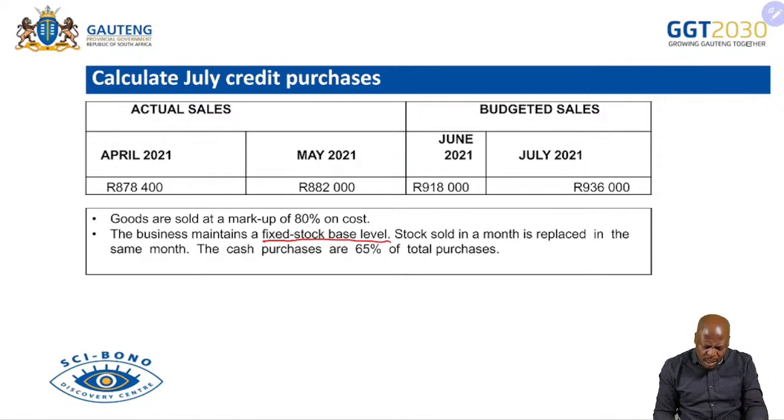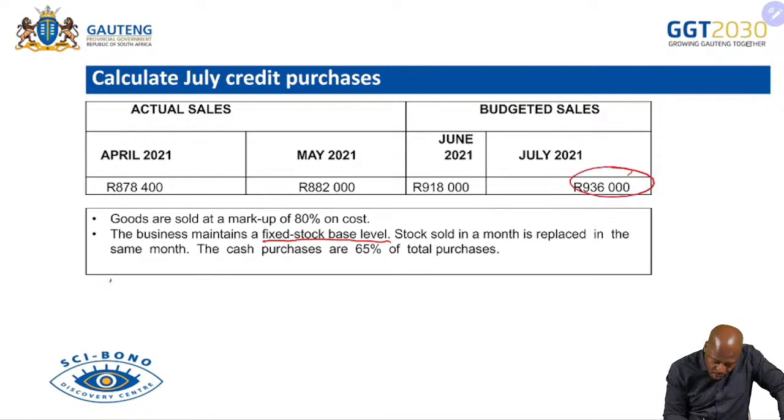So if we're looking at the month of July credit purchases, we would want to know what was sold. In the month of July, we sold goods of 936, so 936,000 was the sales in July.